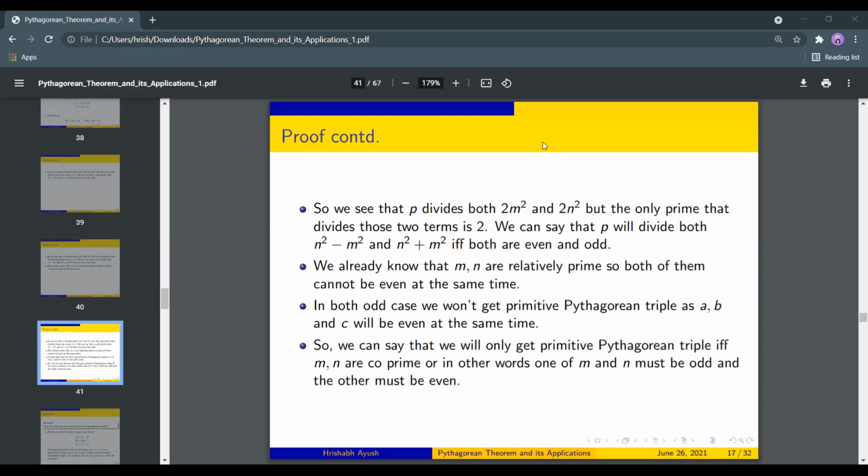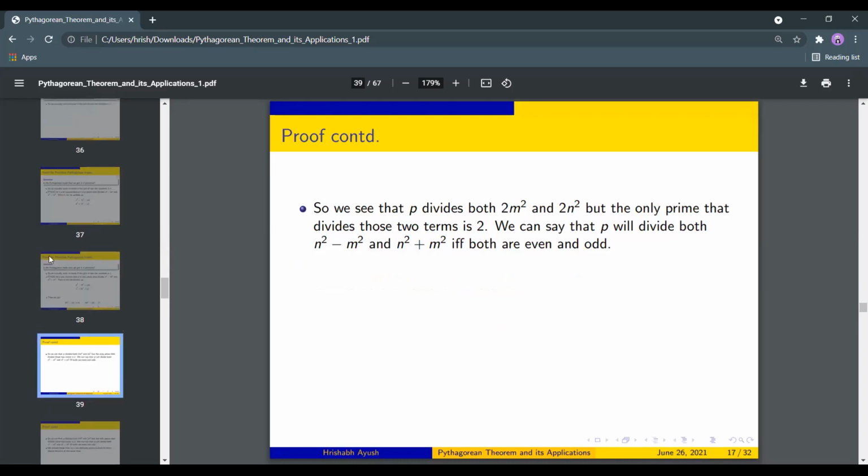Okay, actually, I missed one thing. If p divides n square, then p divides n. Sorry about that. Let me clear that here. If p divides n square, it will have one factor in this and this will have two factors of that number.